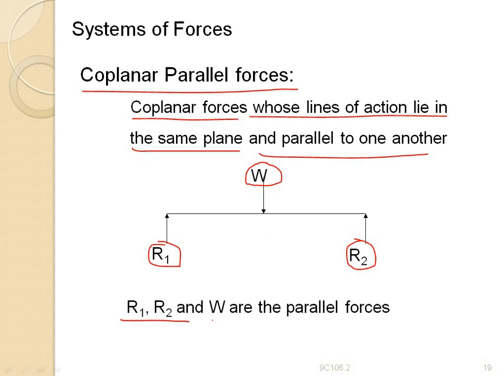R1, R2 and W are the parallel forces, called vertical or parallel forces. They lie in the same plane and are parallel to one another. That's why we call them coplanar parallel forces.